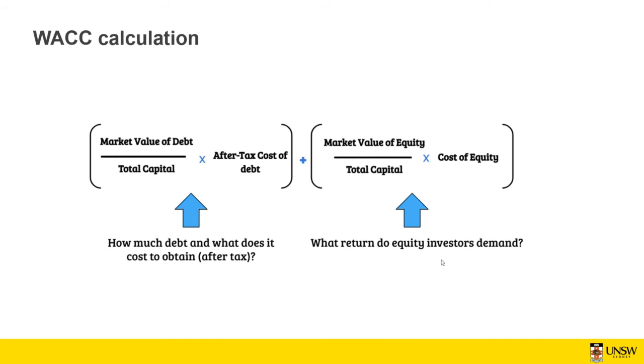But if your cost of equity is lower than getting a bank loan, you probably want to get a higher percentage of total capital from raising equity. It's not going to be as simple as that. There are many, many other things that can affect that. This is just a very basic thing that I'm talking about at the moment. But if you want to read more, you can find extra resources online. If you're interested, let me know. I can introduce you to some resources too.